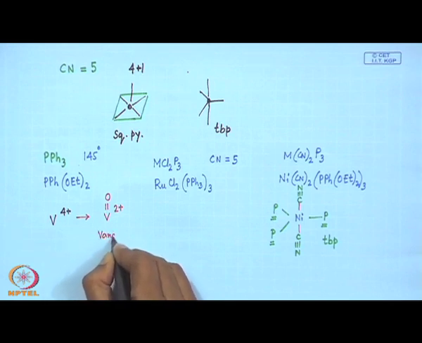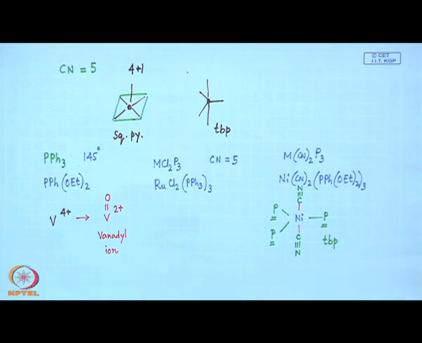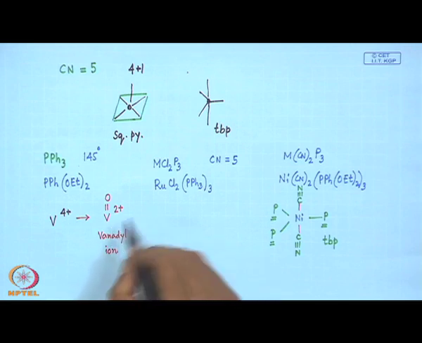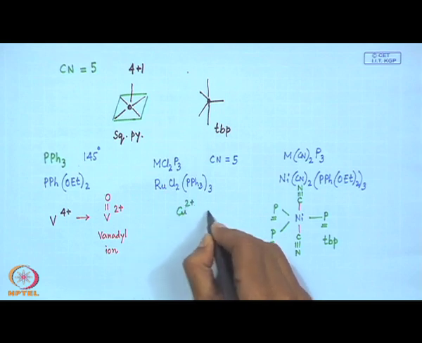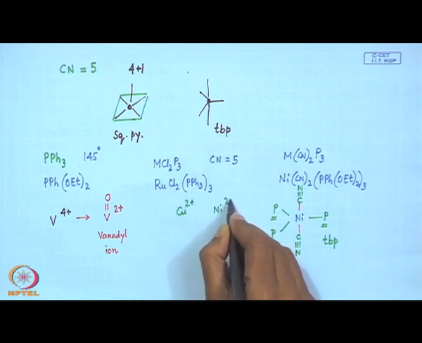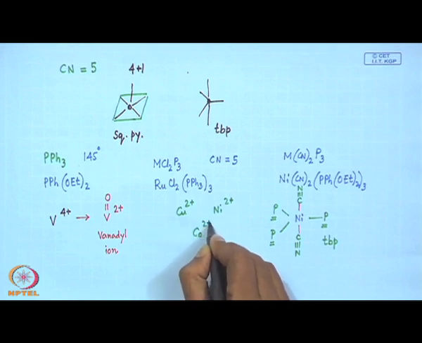So, this vanadyl ion having a dipositive charge will be very much equivalent as a metal ion species to our copper 2 plus or nickel 2 plus or cobalt 2 plus.